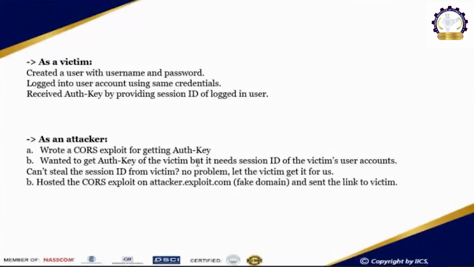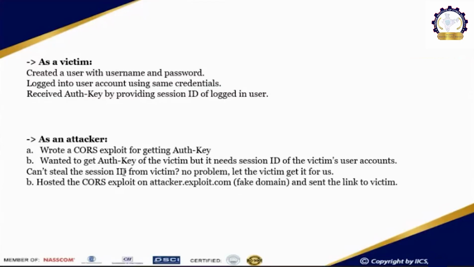So this is a normal thing. As an attacker, if he writes a CORS exploit for getting an auth key, just by hosting that exploit on his or her private server, he can host that in your origin header.